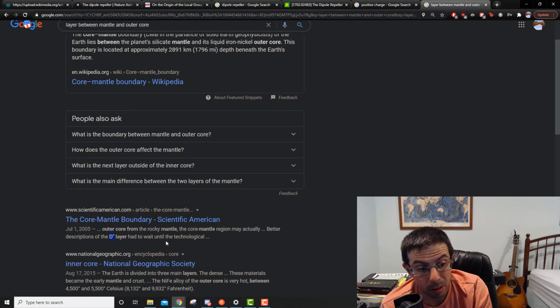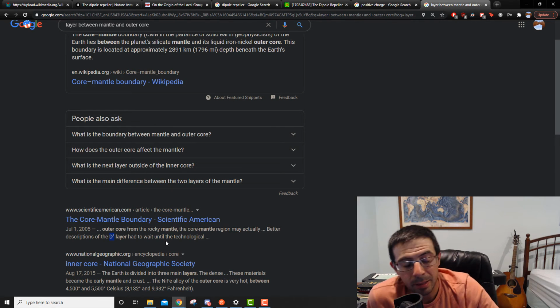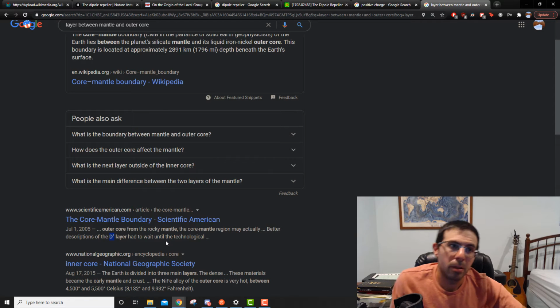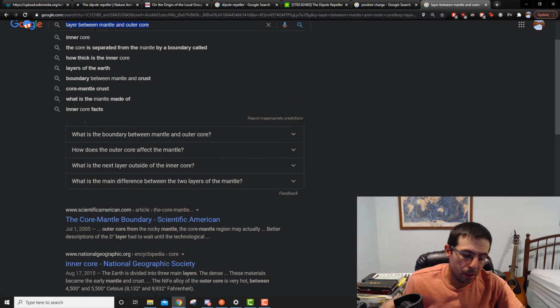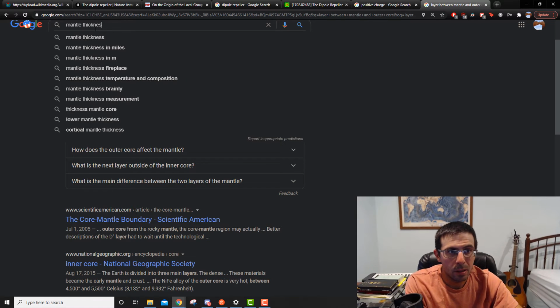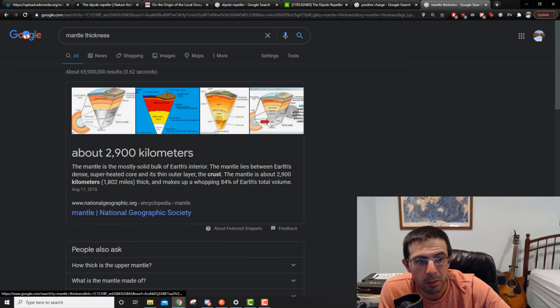They're interesting in terms of what's going on with them, but generally speaking, it's just one layer, hundreds of kilometers thick. Thousands? How big is the mantle? About 3,000 kilometers, so just about.